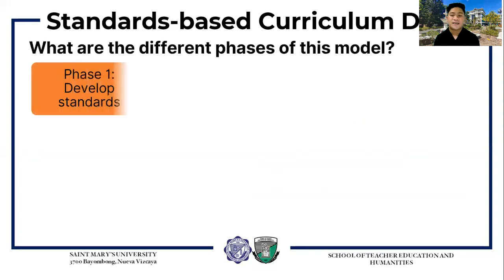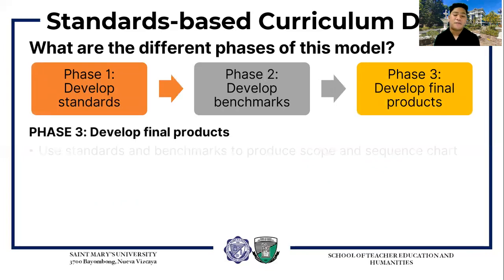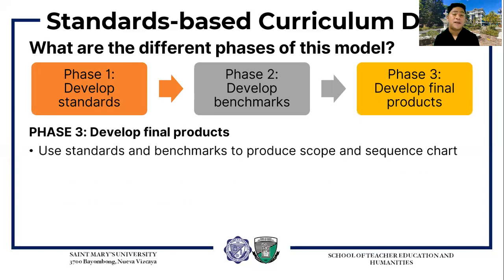And the last phase is to develop the final products. The third phase is develop final products, and these are the following that will be done for this phase. Use standards and benchmarks to produce a scope and sequence chart. Decide on curriculum guide content, meaning we are already finalizing all the standards and benchmarks that we made from phase one and phase two.